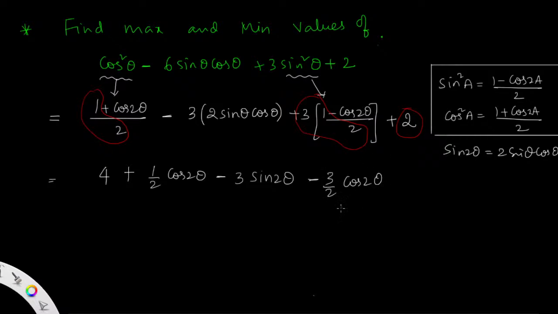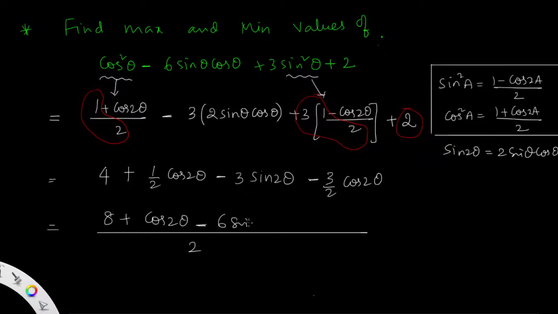Now taking the LCM, LCM is 2, then you get 8 plus cos 2 theta minus 6 sin 2 theta minus 3 cos 2 theta.